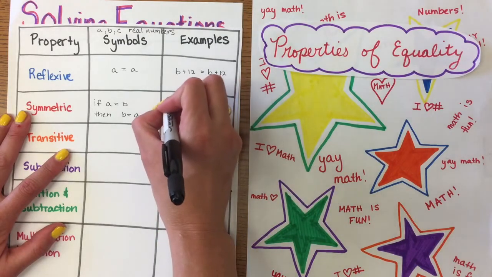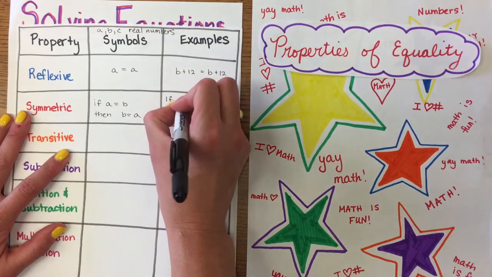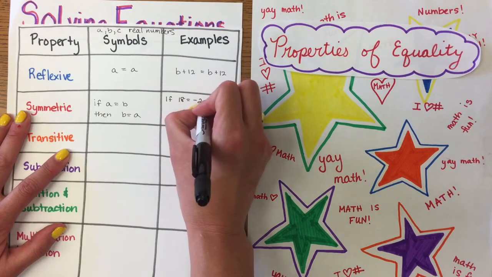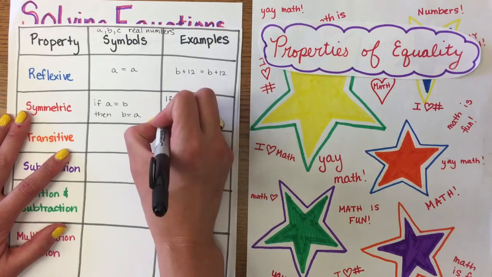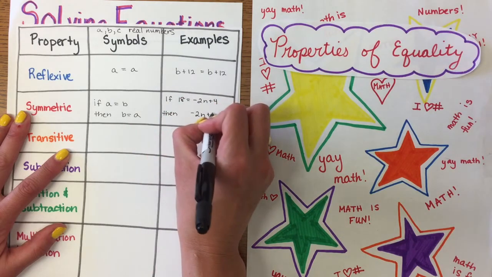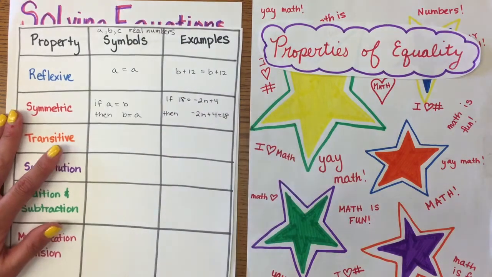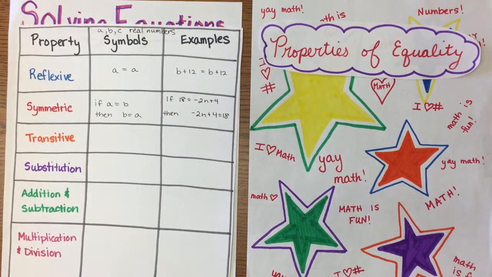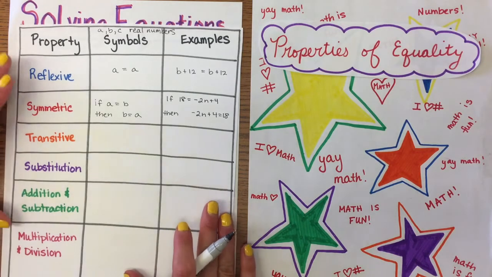So if 18 is equal to negative 2n plus 4, I can rewrite this as negative 2n plus 4 is equal to 18. The symmetric property is really helpful when I'm solving because I tend to like to have my variables on the left-hand side when I'm solving, and they won't always be there. So it's nice for me to be able to just flip the two sides of my equation so that I'm looking at my equation in a form I like.